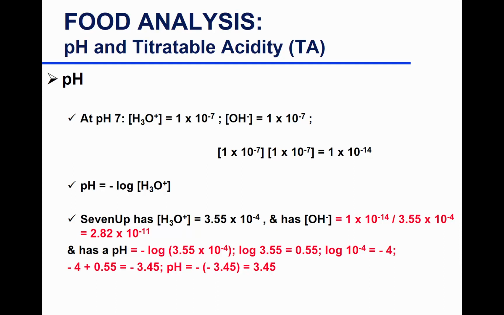So you can do log 3.55 and get 0.55 from your calculator. Then log 10 to the negative 4 is negative 4, and then you add them. So minus 4 plus 0.55, you get negative 3.45, but the pH has a negative here, so it becomes 3.45. Each one can do it differently on your calculator, but this is one way of doing it separately, then adding them.